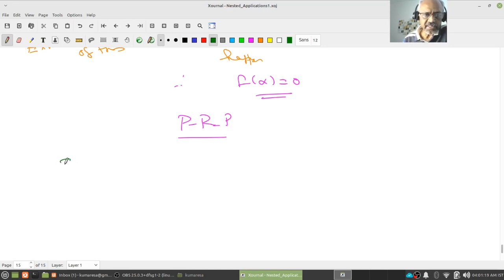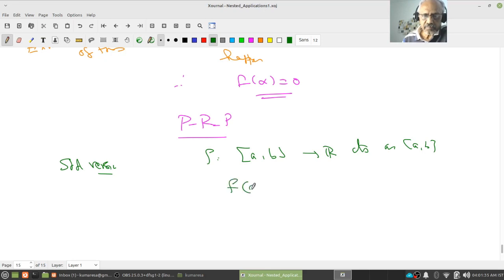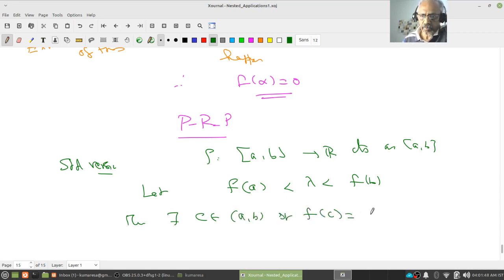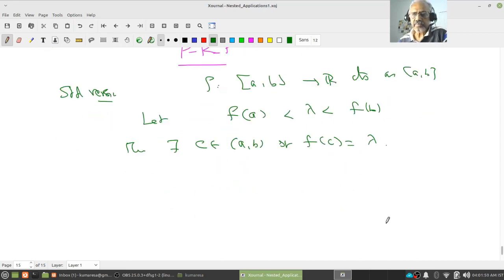Let me recall the standard version. f is continuous from [a, b] to R, and assume that there is a real number lambda such that f of a is less than lambda and lambda is less than f of b. Then there is a c between a and b such that f of c equals lambda. That is the intermediate value theorem.